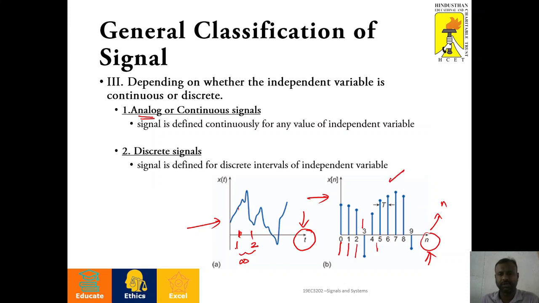Hence such signals are discrete in nature, and such a signal is called a discrete time signal. In general, x of t is a continuous time signal and x of n represents a discrete time signal. Here the independent variable t is continuous, and here the independent variable n is discrete in nature.